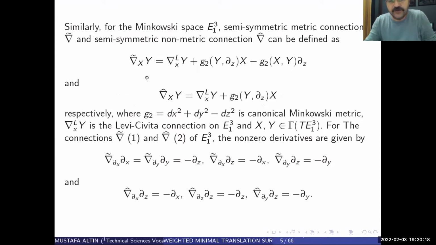Similarly, for the Minkowski space, the semi-symmetric metric connection and the semi-symmetric non-metric connection are given here, where G2 is the Minkowski metric. For the semi-symmetric metric connection, the non-zero derivatives are given by this. For the semi-symmetric non-metric connection, the non-zero derivatives are given by this.